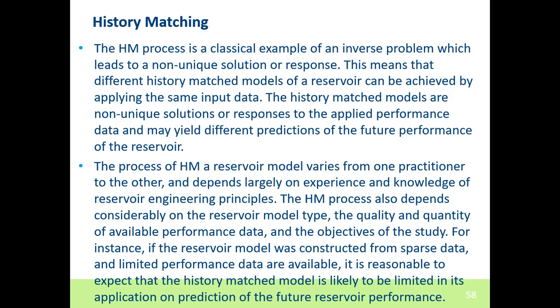So the process of history matching a reservoir model varies from, of course, one engineer to the other, and of course, experience level. It also depends on the reservoir model type and the quality of data and objectives. For instance, if the reservoir model is constructed from sparse data, and you have limited production and pressure data, it's most likely that your history matching process will also be limited.